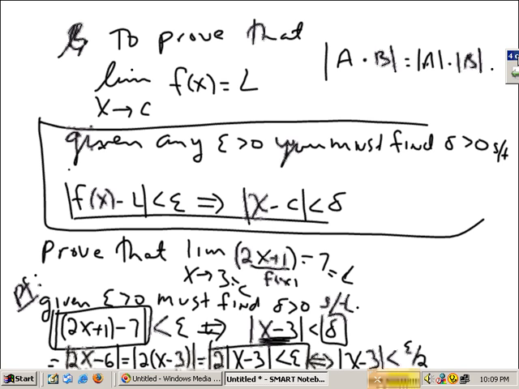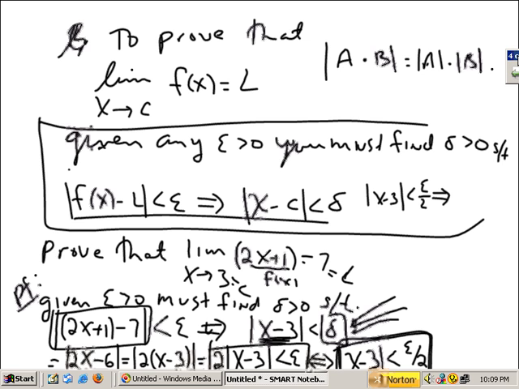Now, if I replace delta right here with epsilon over 2, the left side of my implication is x minus 3 is less than epsilon over 2.